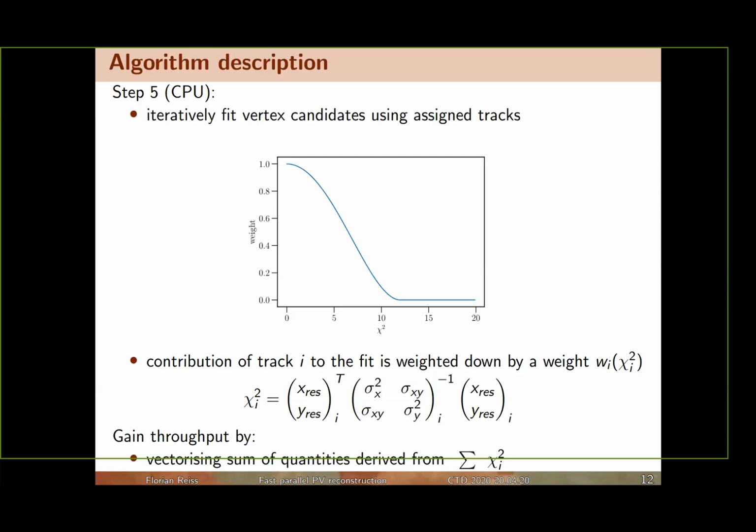Here you can see a typical weight distribution as a function of chi-square, where the weight gets smaller at larger chi-square with a cutoff at a certain point. Here we can gain some throughput by vectorizing the sums of quantities derived from this sum over all the tracks, which we need in the minimization.